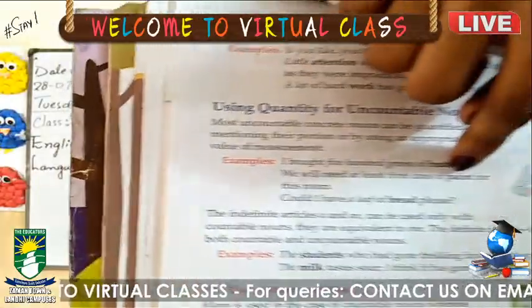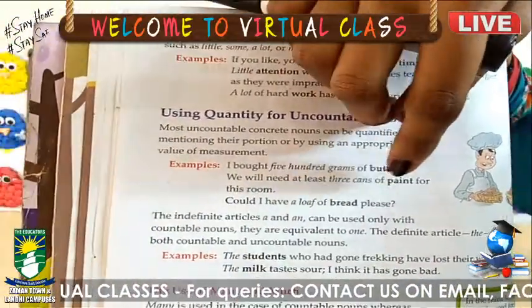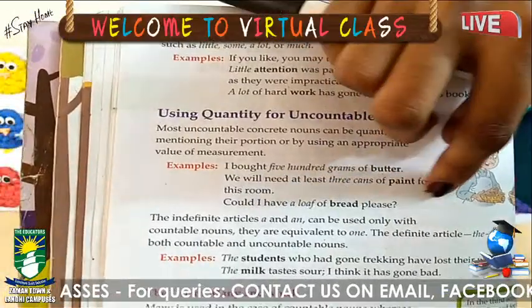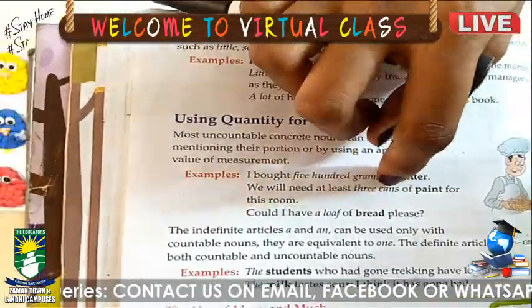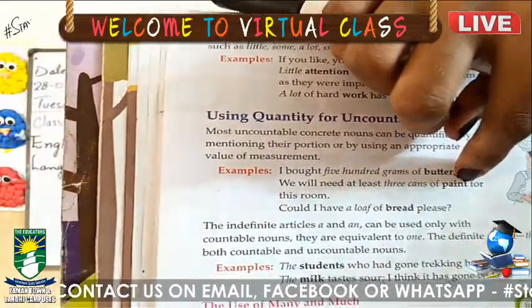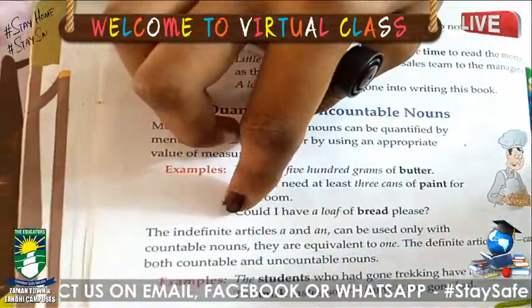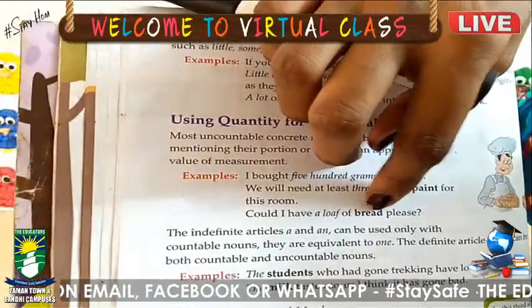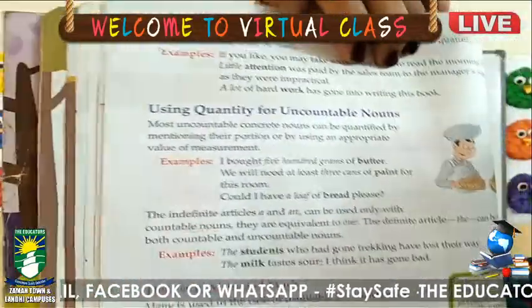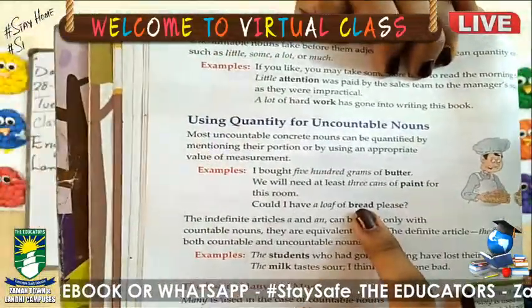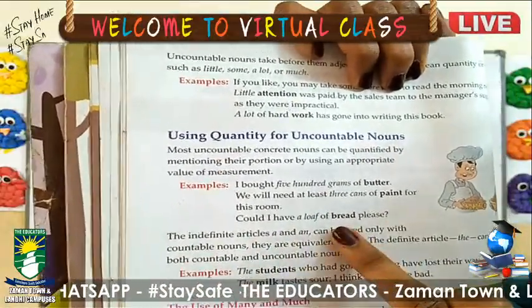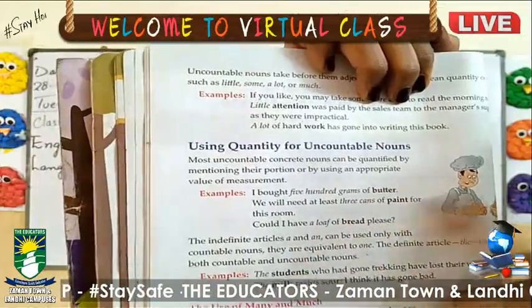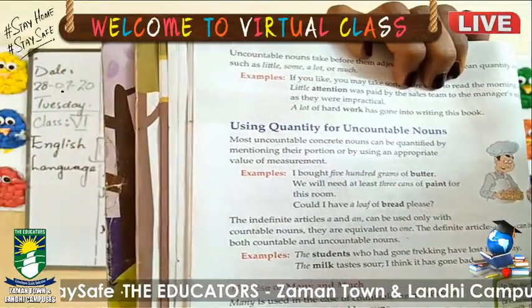Here I have told you that paint is uncountable. But how we are explaining? Cans of paint. So we can count the cans, not the paint. Okay. There is another example. Could I have a loaf of bread, please? Here, bread, which we cannot count, but a loaf of bread. This is the measurement. This is telling you the quantity.